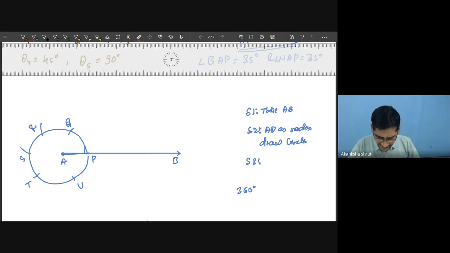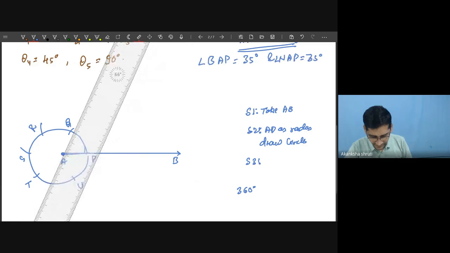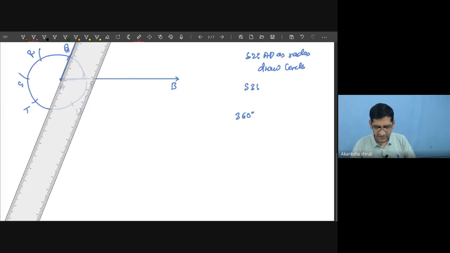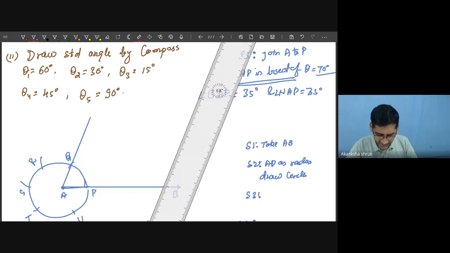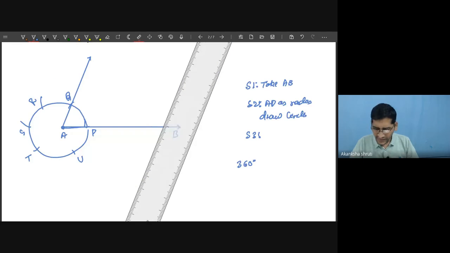So for each of these arcs, what will be the angle? If now you are joining from A through P, each of these angles will be how much? 360 by 6 means it becomes 60 degrees.